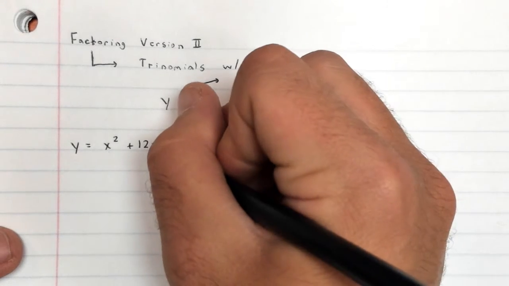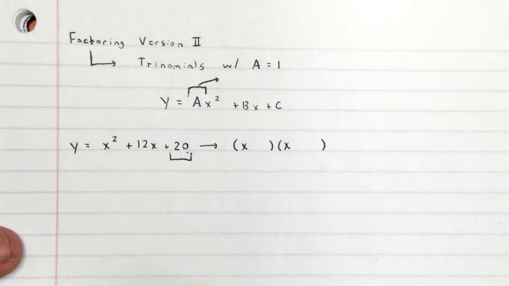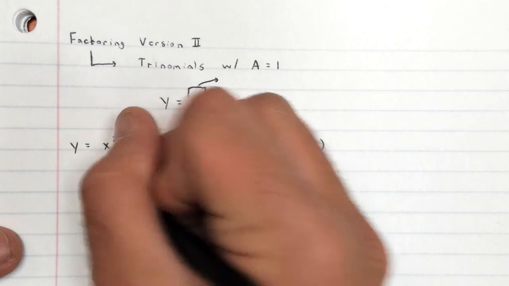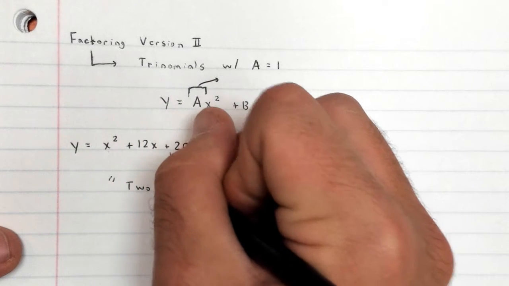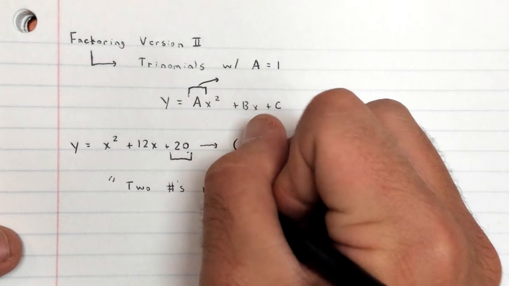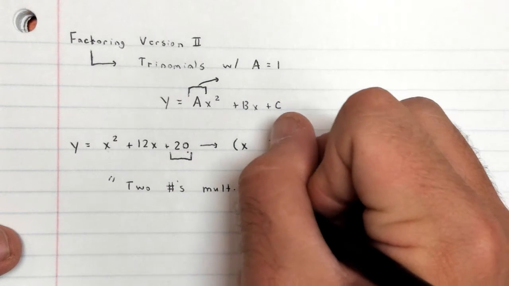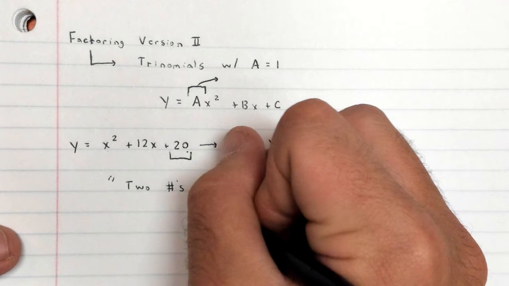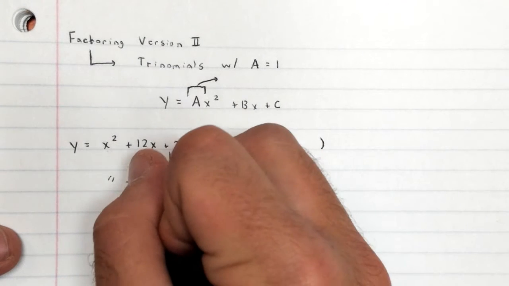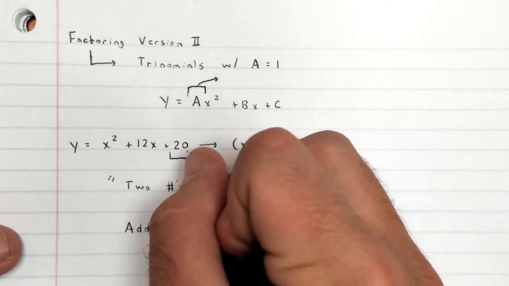Then I look at the last part, and I'm going to write this out in words. I want two numbers that multiply to get c, but add to get b.